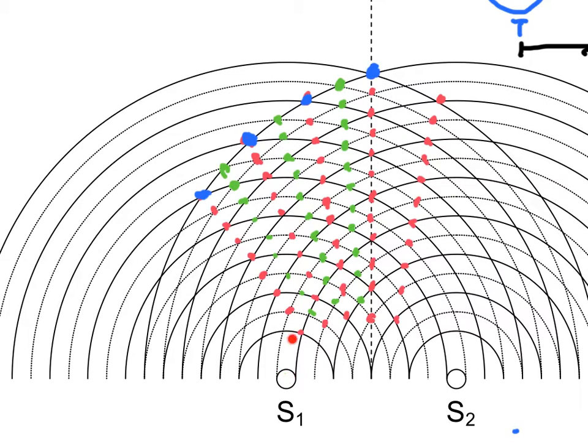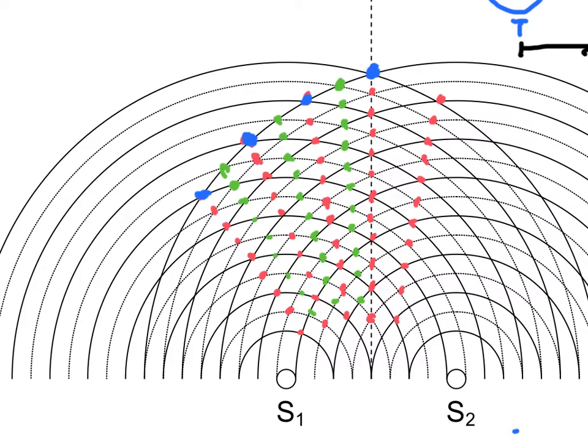It would now travel 1, 2, 3, 4, 5, 6, 7 and a half wavelengths. How far is it from source number 2? Well, it should still be 8 wavelengths. 1, 2, 3, 4, 5, 6, 7, and 8 wavelengths. So clearly, this point right there, or any one of these points, is going to be different by about half a wavelength.